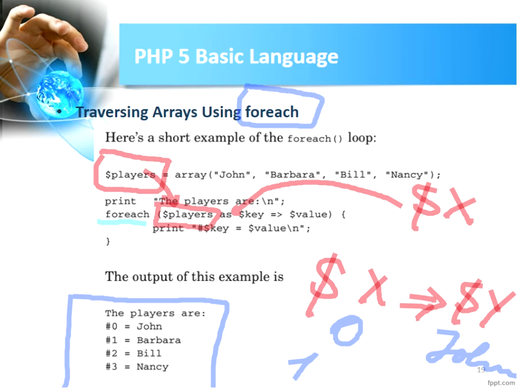In the second iteration, x will be 1 and y will be Barbara, etc. So I will use key and value to print the index and the value of the index. It is clear how we can use foreach. Any questions?